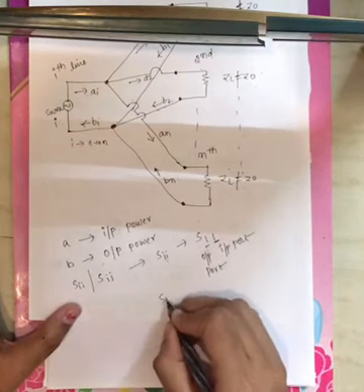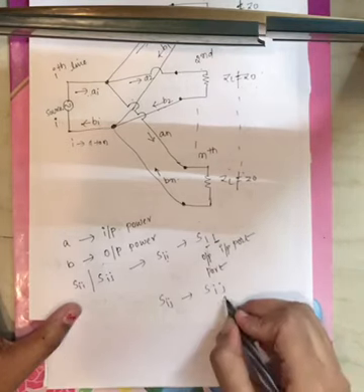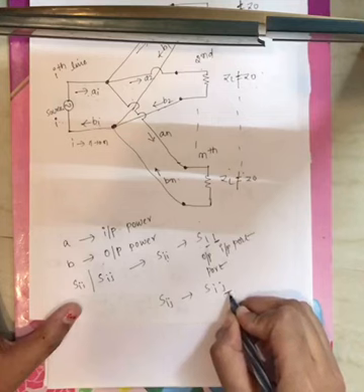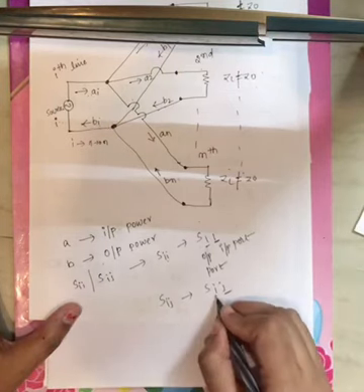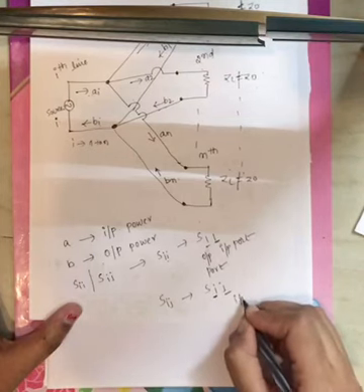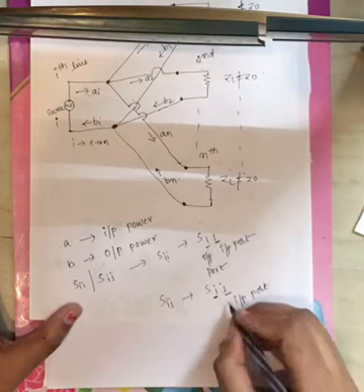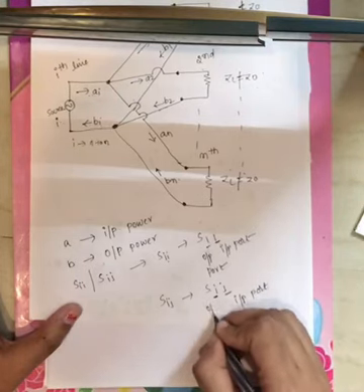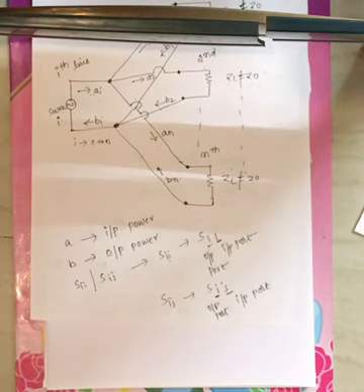Now consider Sij: the input you are giving to the jth transmission line and the output you are collecting from the ith transmission line.